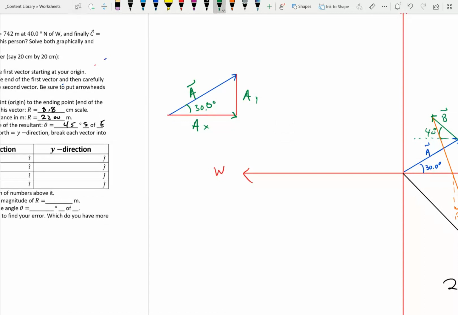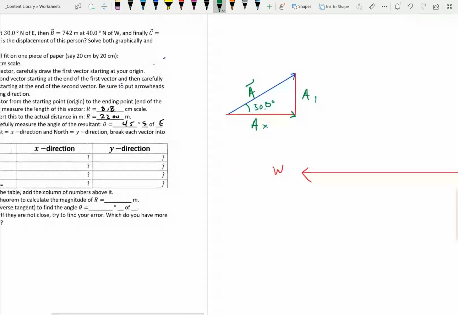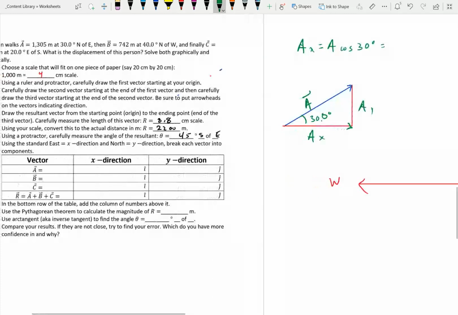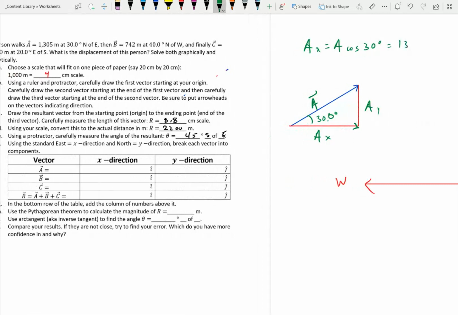And so I have AX is the adjacent side. At this point, because we just went through the cosine and sine in the previous problem, we should be comfortable with the adjacent sides can be found using cosine. So AX is going to be A cosine of 30 degrees equals, and A had a length of 1305.